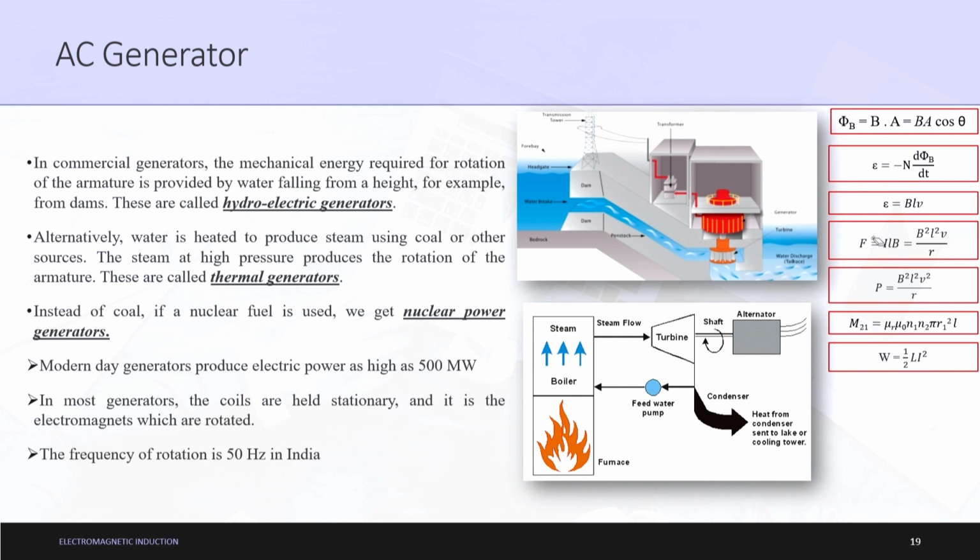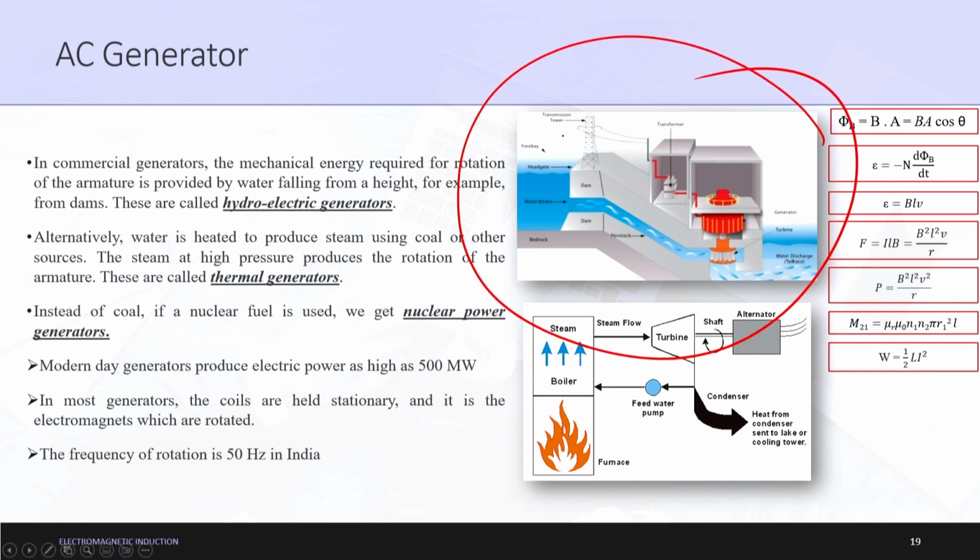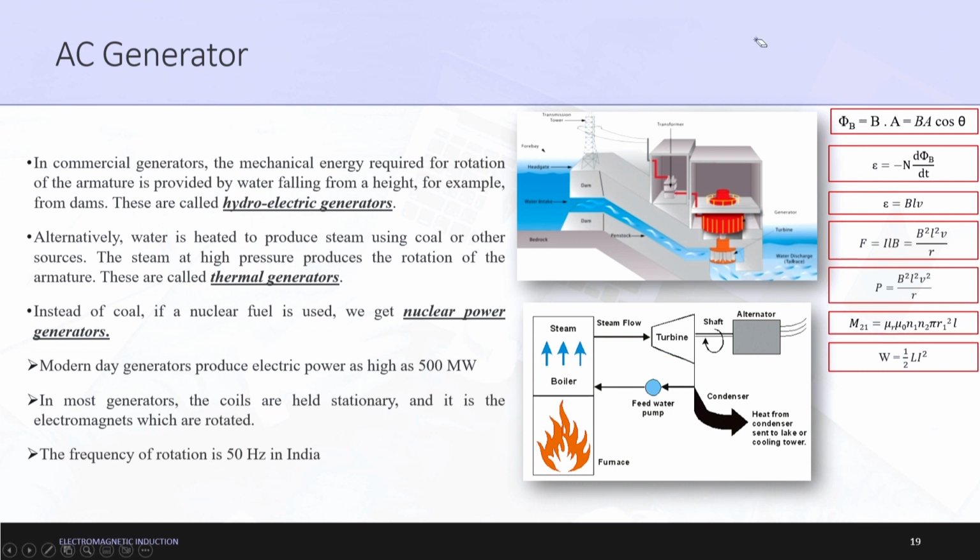This is a typical dam, no need to memorize the things here, just for a quick reference, just to quickly explain the applications of AC generators, I use this figure here. As you can see there is a transmission tower, used to provide some electricity so that the transformer should work. So, this energy is being used for working of the transformer.